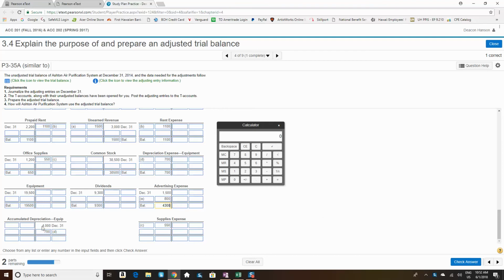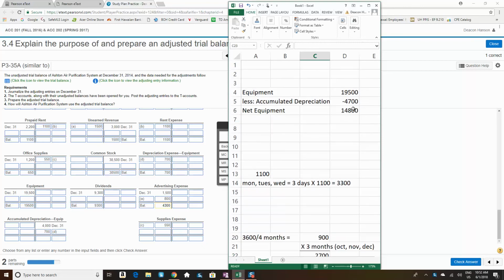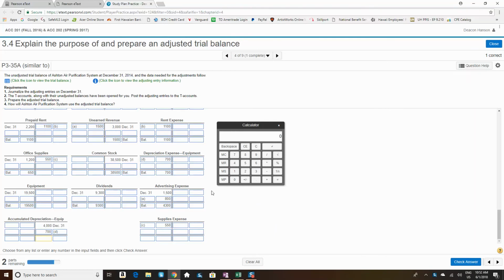Accumulated depreciation, this is the one that I did over here in the spreadsheet for you earlier. See? 4,700, right? It had a beginning balance of 4,000, and then another 700, and depreciation expense was recorded, so that actually increases your accumulated depreciation to 4,700.